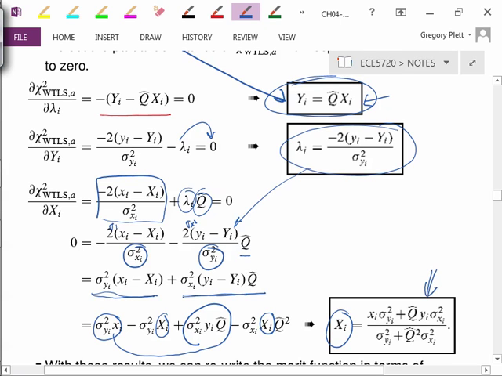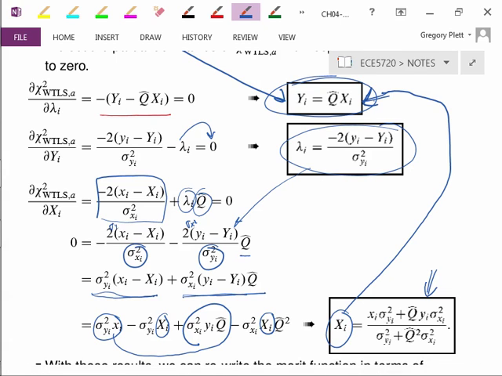So basically, I've made my mapping. And if we plug this into here, which is another equation that must be satisfied, we said, I have yi again in terms of measurements only and of q hat. And that's critical.